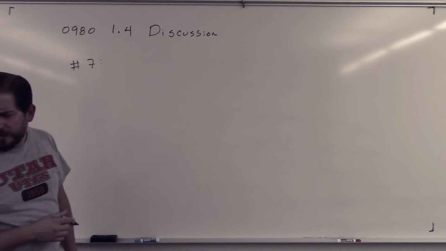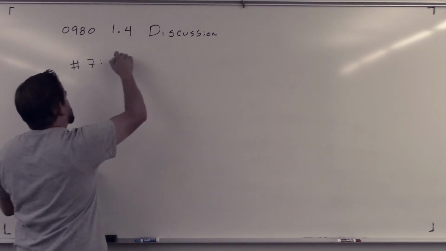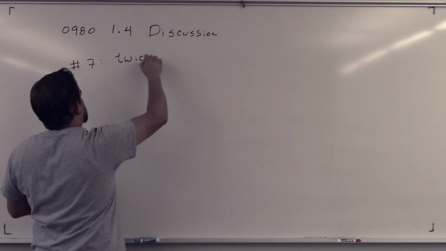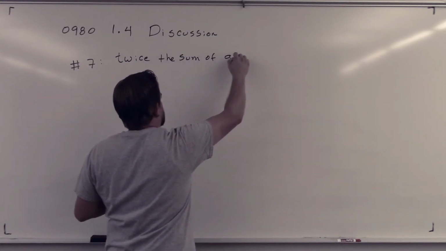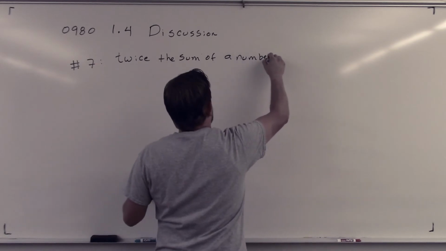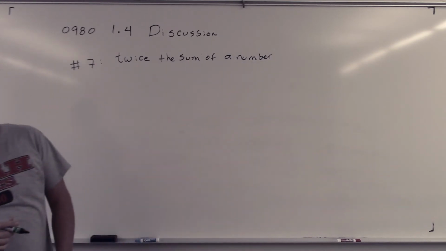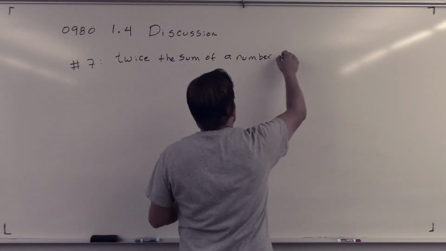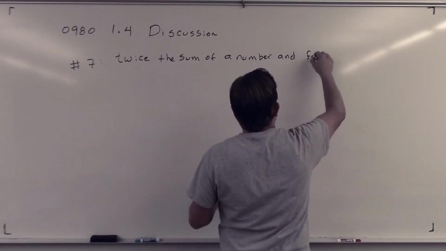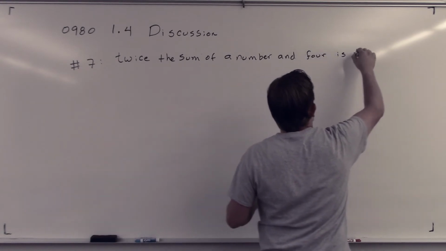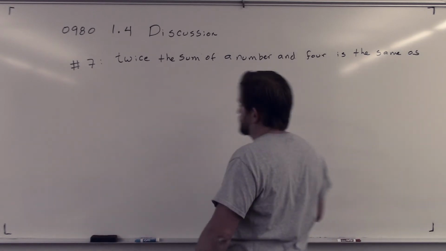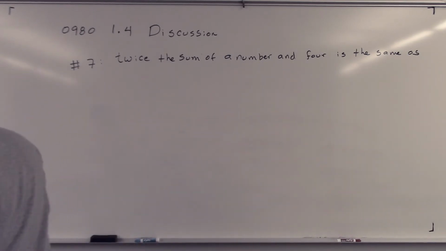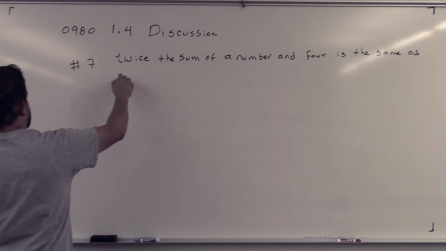It says twice the sum of a number and 4 is the same as five times the difference of the number.